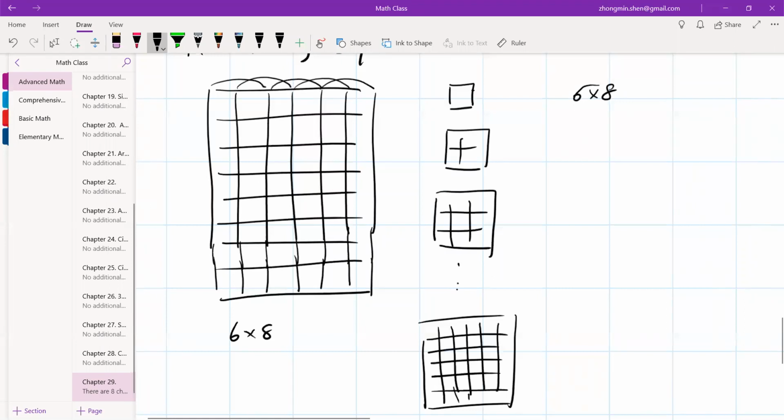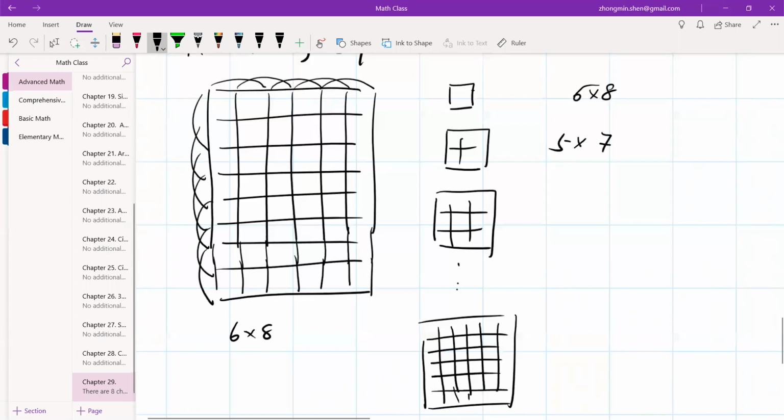So 1, 2, 3, 4, 5. There are only 5 pairs you can choose. And then here I have 1 pair, 2 pair, 3 pair, 4 pair, 5 pair, 6 pair, 7 pair, 7. Okay? So there are only 5 times 7 2 by 2 squares.